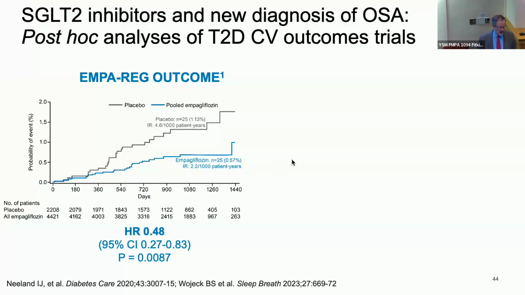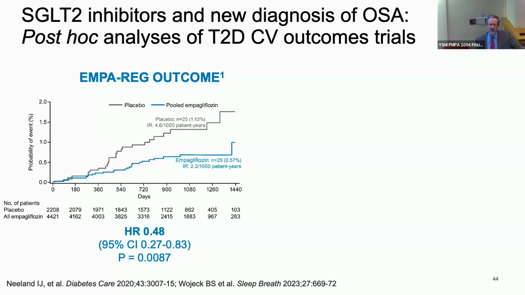using EMPA-REG outcome data that suggested that for new diagnosis of obstructive sleep apnea, there was a potentially, these are uncontrolled data, so I mean the drug was randomized, but this was not a dedicated OSA trial, but these are from case reports. There seemed to be halving of the new diagnosis of obstructive sleep apnea.